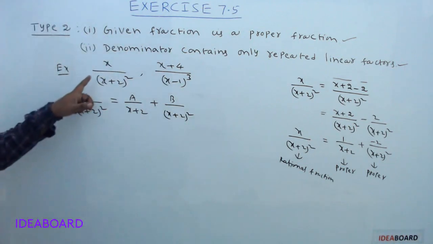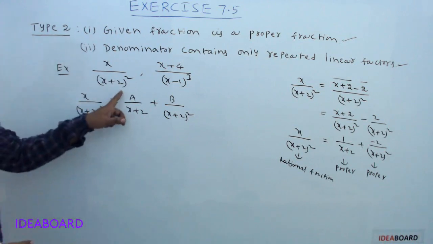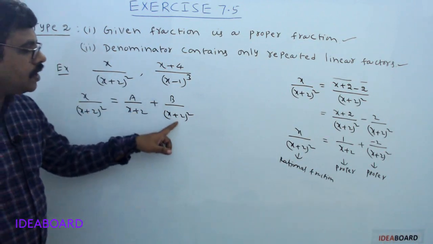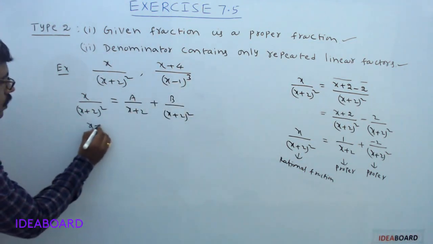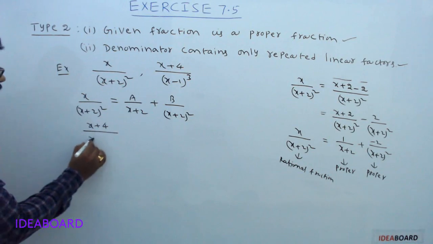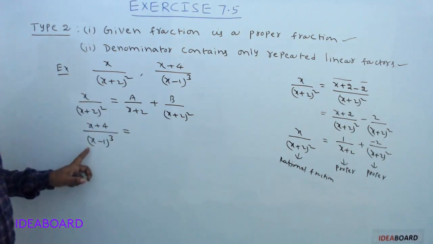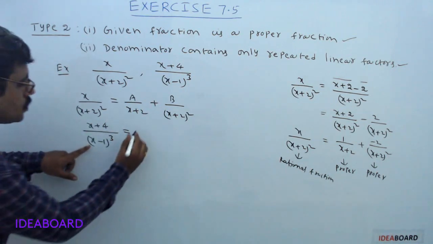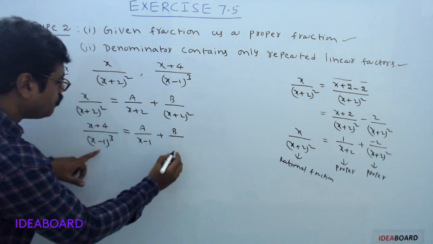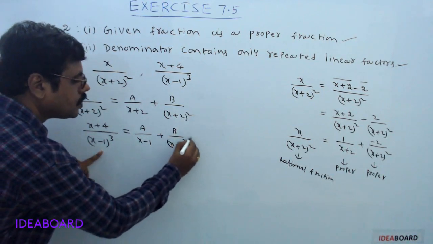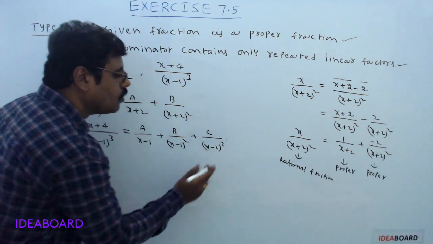So how do we resolve this fraction into partial fractions? x divided by (x plus 2) whole square equals a divided by (x plus 2) plus b divided by (x plus 2) whole square. Now take this one, (x plus 4) divided by (x minus 1) whole cube. Now how do we resolve this fraction into partial fractions? Some constant a divided by (x minus 1) plus b divided by (x minus 1) whole square plus c divided by (x minus 1) whole cube.